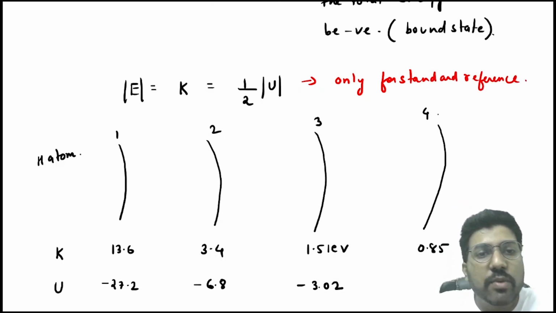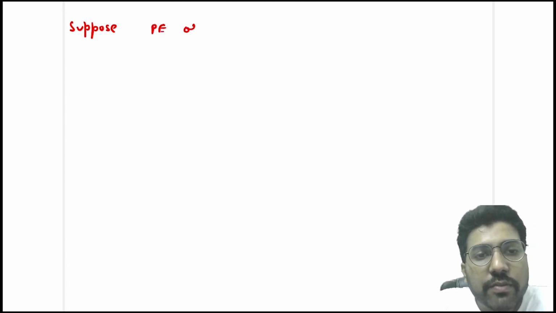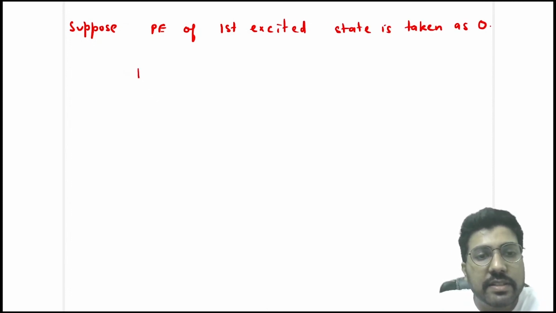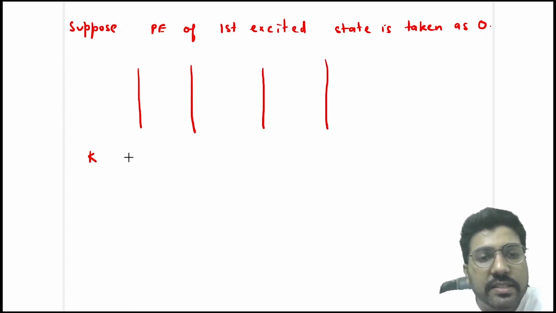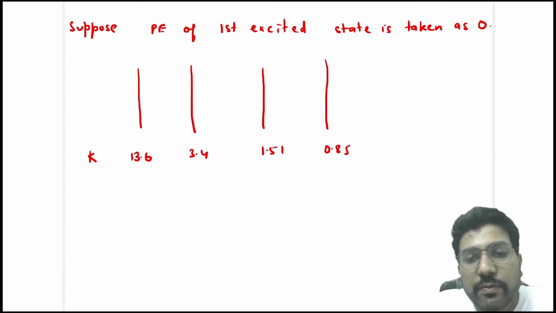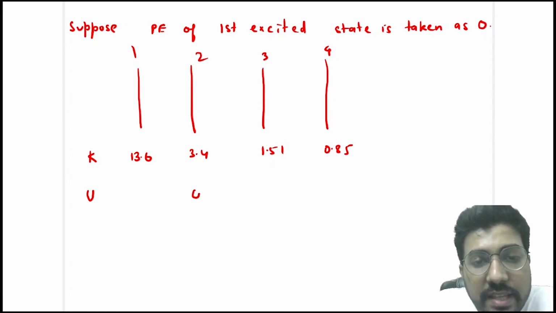Okay, I'll do one more question here. Suppose potential energy of first excited state is taken as zero. In that case, the kinetic energy is still same, that is 13.6, 3.4, 1.51, 0.85, for orbits 1, 2, 3, 4. But the potential energy this time, this has zero value.